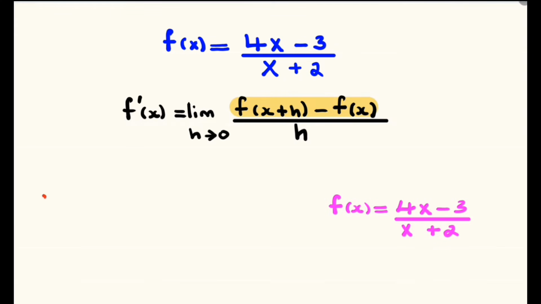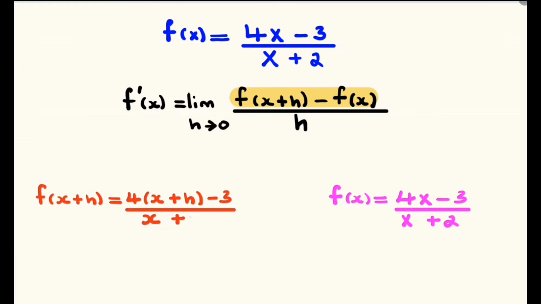Now we are to determine the f of x plus h, and we can realize that where there was x, there is now x plus h. So even inside the function where there is x, we substitute x plus h minus 3. In the place of the x in the denominator, we substitute the x plus h plus the 2.